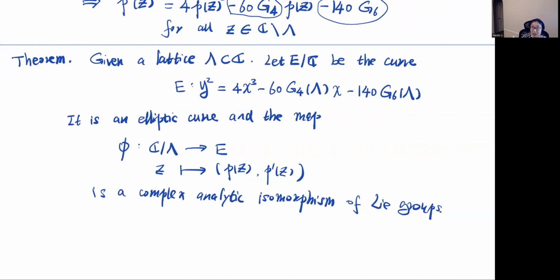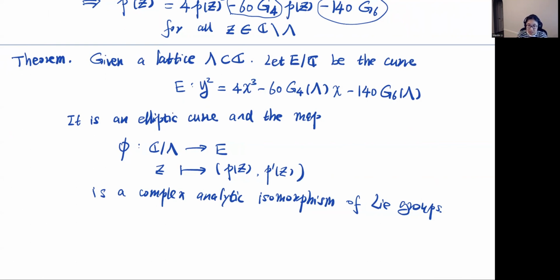So the addition on the set of complex points of the elliptic curve exactly agrees with the addition on complex numbers. This gives you a very concrete way to think about the addition law on an elliptic curve over C. Moreover, this also gives a way to visualize the torsion points of an elliptic curve over C. Think about where the torsion points are. That's an interesting and very important exercise.